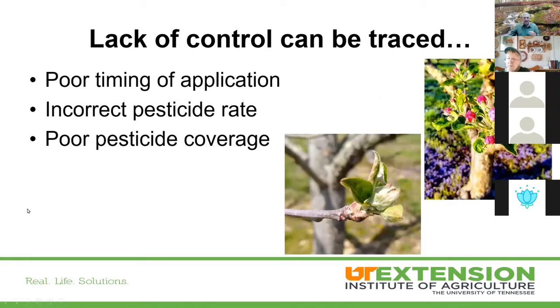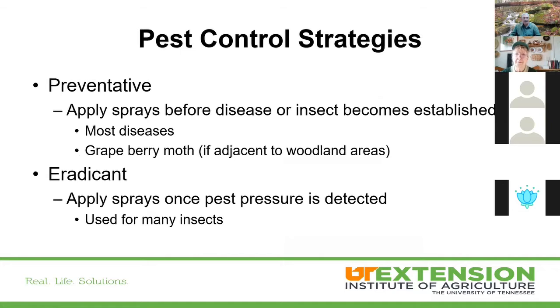So lack of control can be traced to poor timing, incorrect pesticide rate, or poor coverage. It's pretty simple. And so if you follow those guidelines and you're getting the right pesticide and you're following the right pesticide rate and you get good coverage, you'll get good control of those pest problems that you may be dealing with.